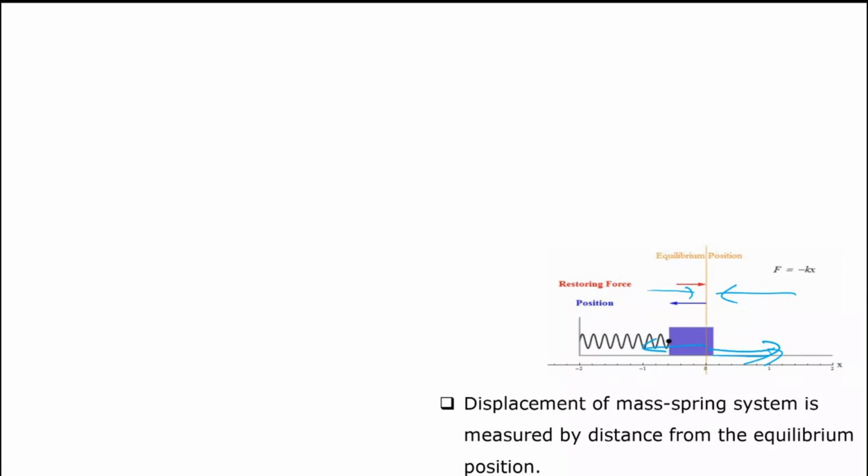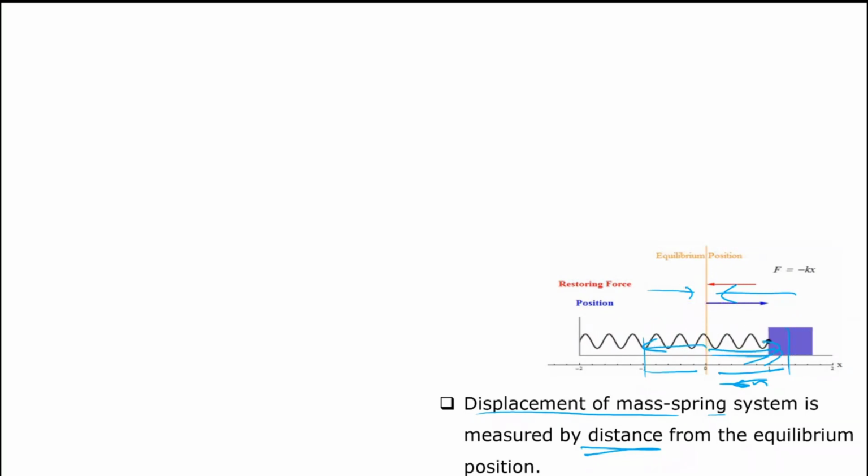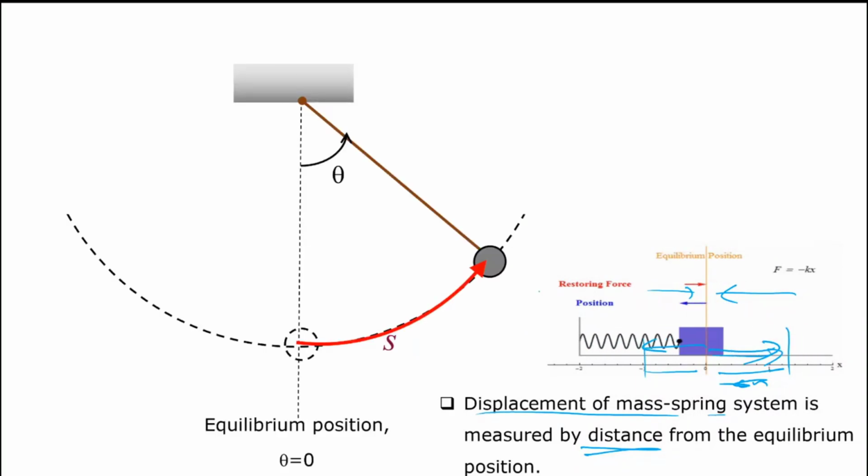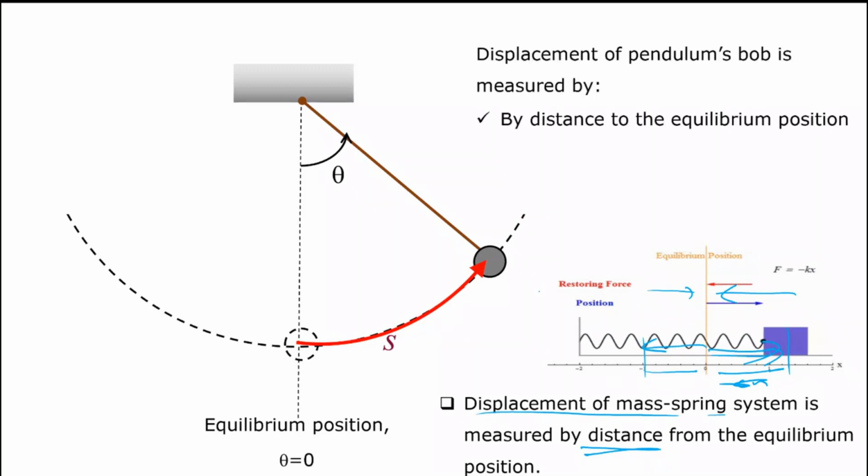And displacement of the mass spring system was measured by the distance from the equilibrium position. So we measured the distance from here to there, in centimeter or meter. So we said that this displacement of the mass is expressed by distance, which is in meter or centimeter. But the simple pendulum's displacement can also be measured by distance. I mean, this distance also represents the displacement from the equilibrium position.